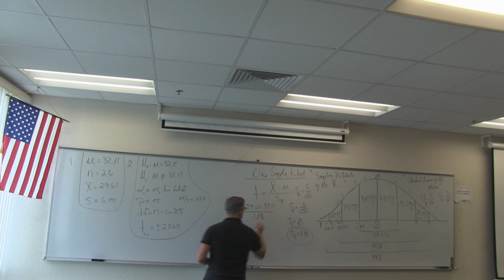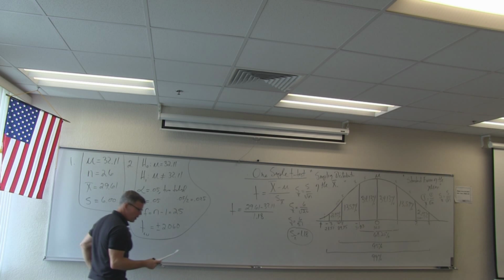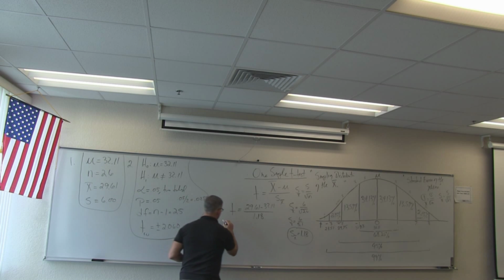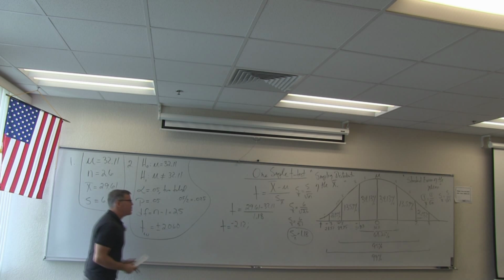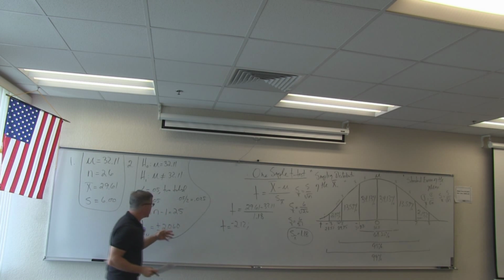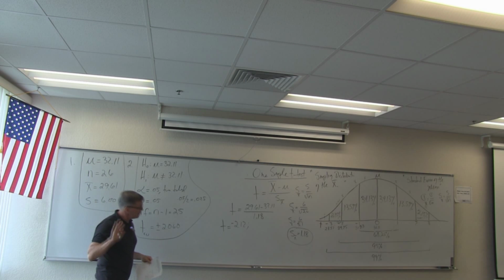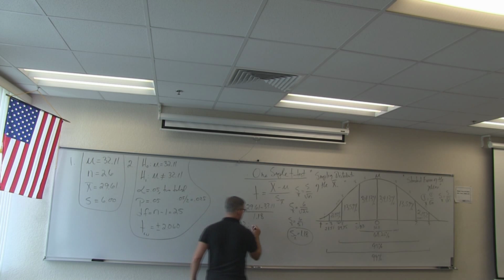Negative 2.5 divided by 1.18 gives us a t of negative 2.12. It looks like we're going to reject. We compare the calculated statistic to the critical value. We see it exceeds it in the negative direction, right? Therefore, our decision is to do what? Yeah, reject the null.